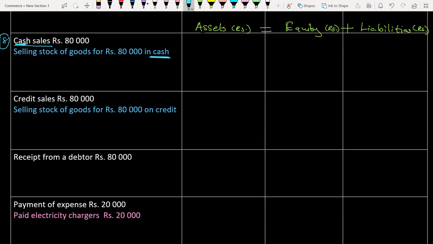So what happens? Since the business receives cash, assets of the business increase by rupees 80,000. What is this asset? It's cash. On the other hand, the business sells the stock. So what happens to stock? The stock will decrease by rupees 80,000.